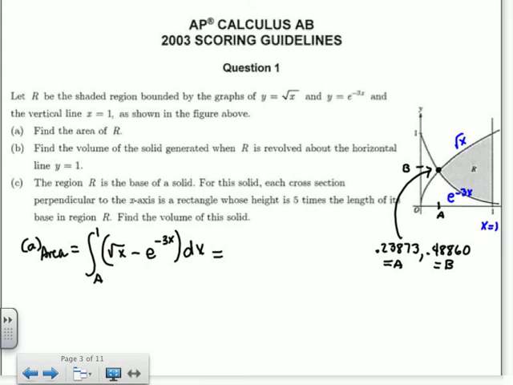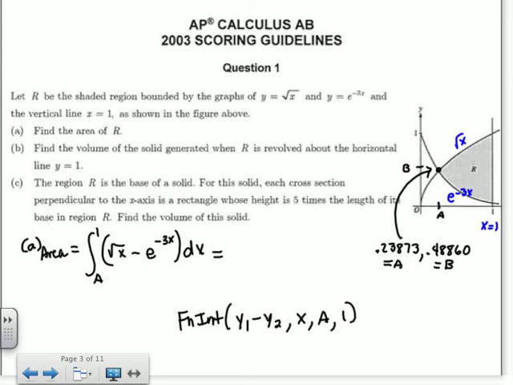When I integrate, you can do this on your calculator, so I hit math and then 9, finite integration, and I have those stored as y1 and y2. So on my calculator, I'm going to hit fnInt of y1 minus y2, comma, x goes from A to 1.